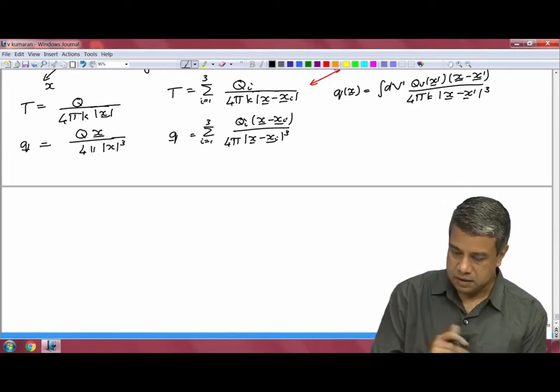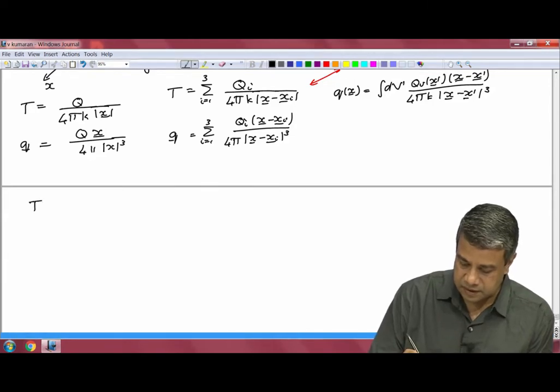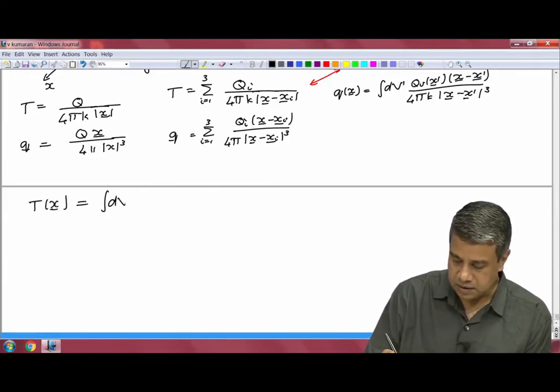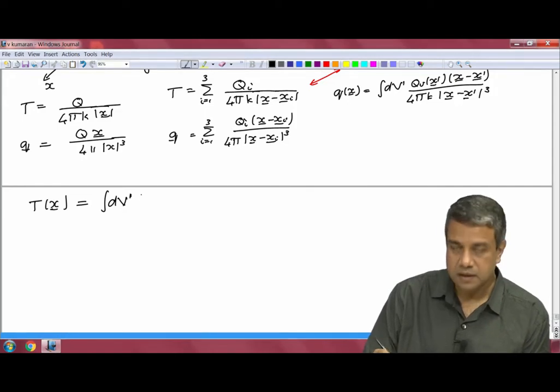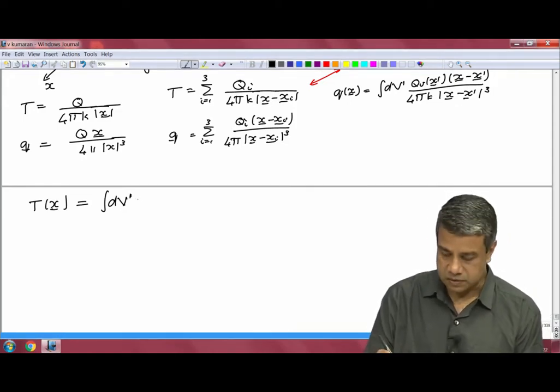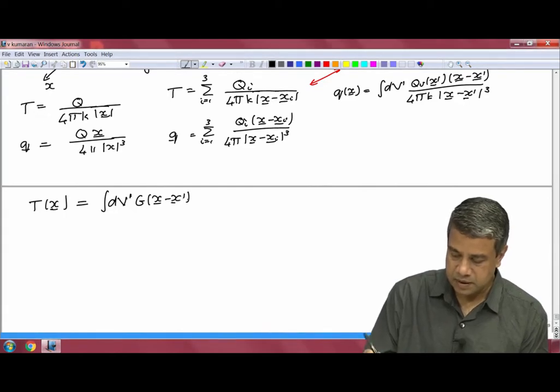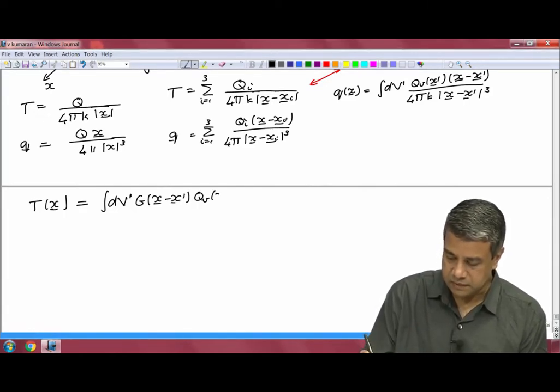So, this temperature field is often written as what is called a convolution integral. Integral dV prime, V prime is the volume of the source, G of x minus x prime times q v of x prime.